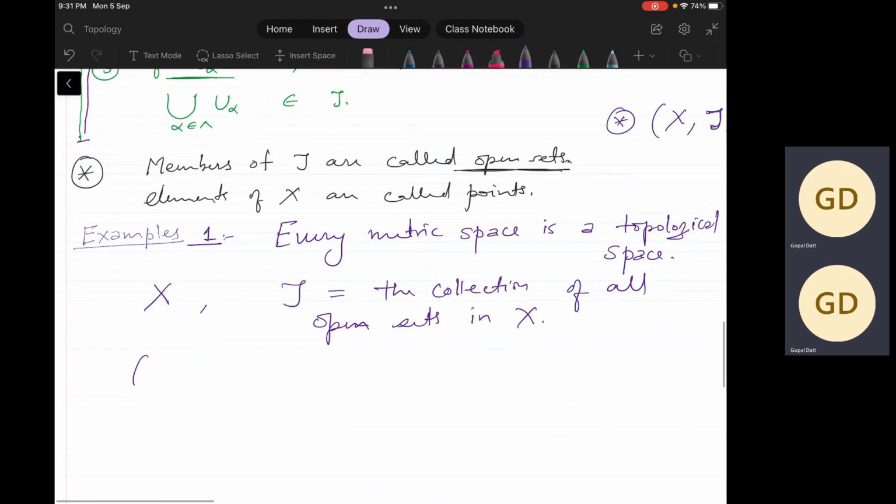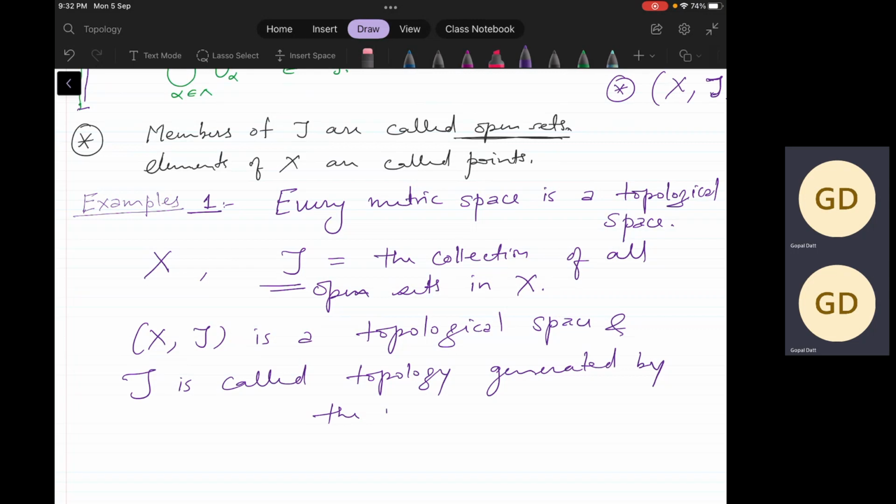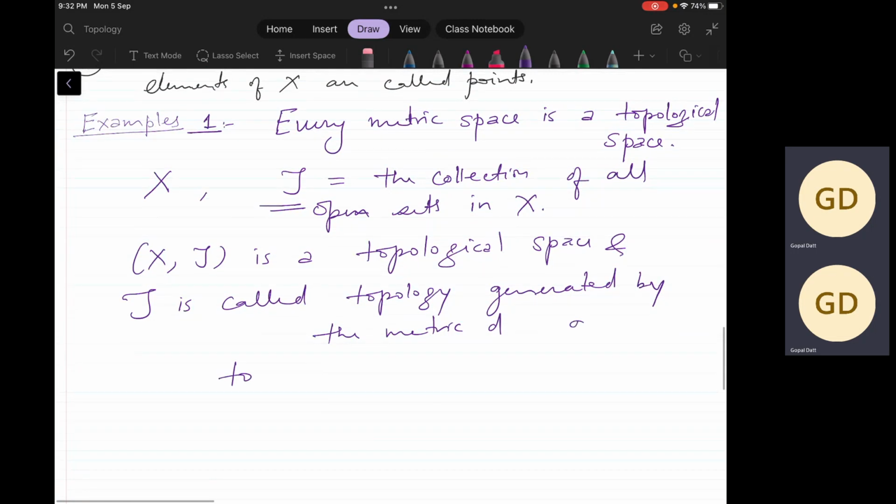Thus, X, tau is a topological space. This topology tau is called the topology generated by the metric d, or topology induced from d.